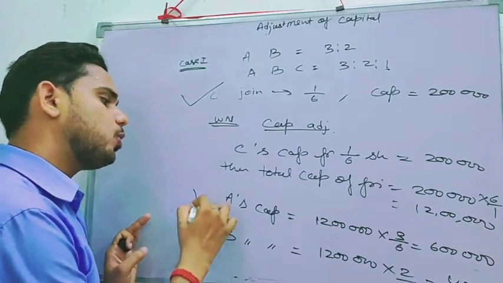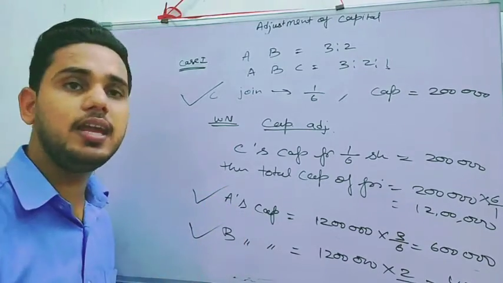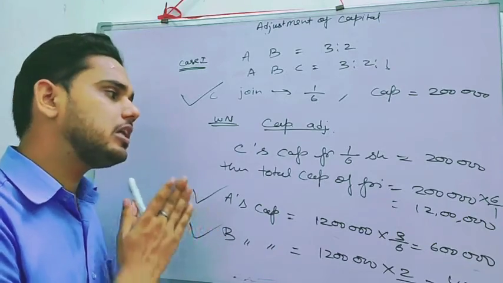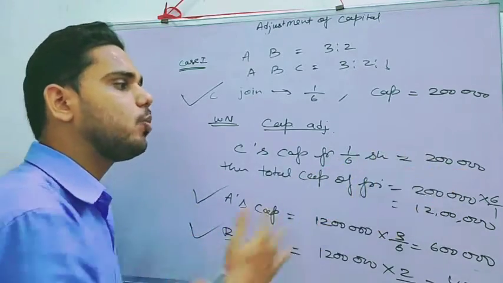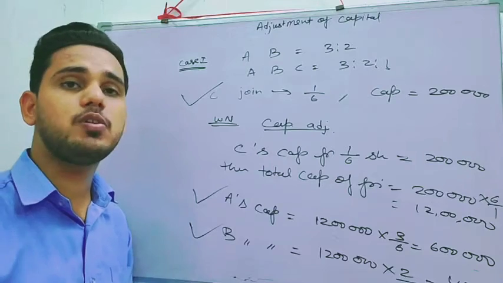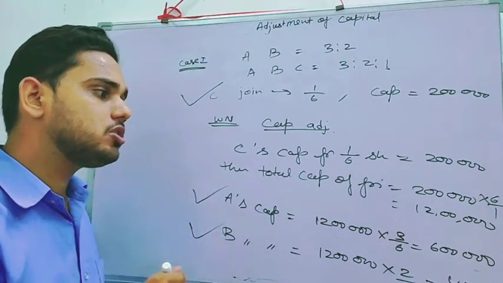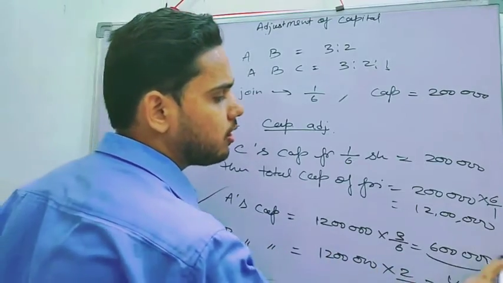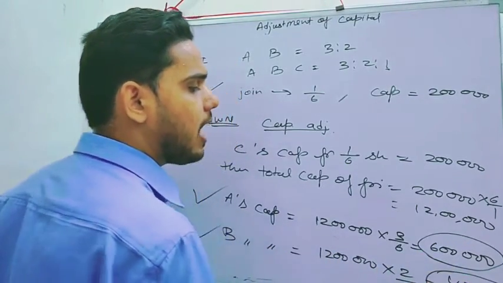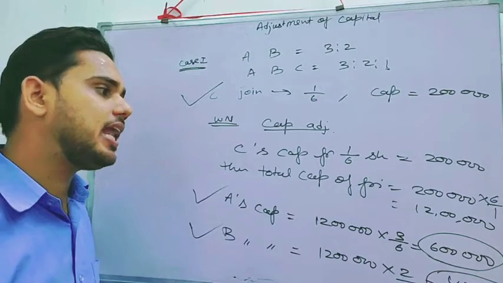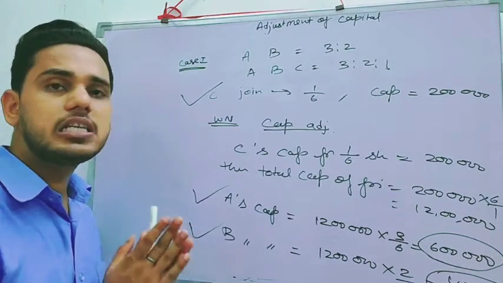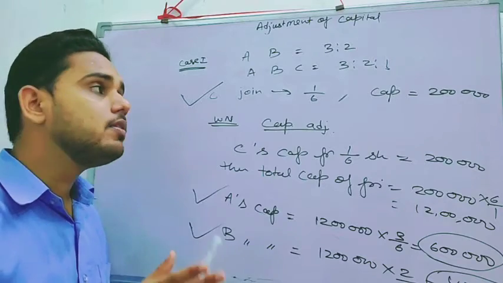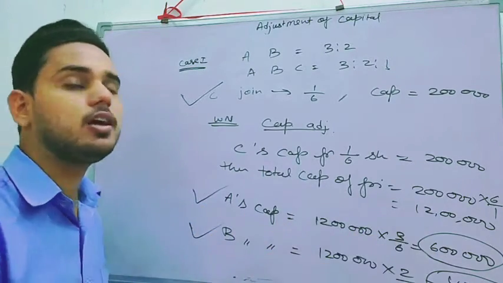So I hope you have seen how we can calculate the capital of the old partners, which we readjusted on the basis of the new partner's capital and his profit sharing ratio. In this example, the question has not told us the amount of closing capital directly, but has given us a statement indirectly with the help of which we can calculate the closing capital.